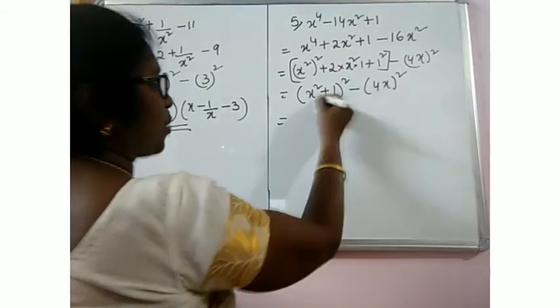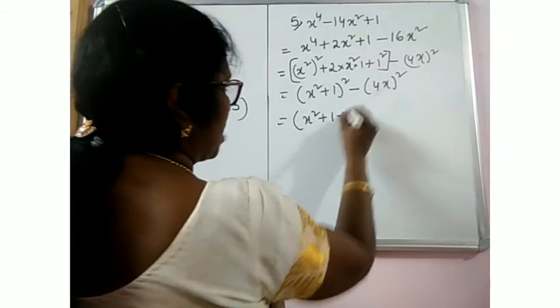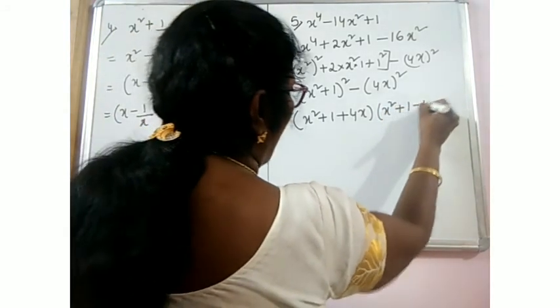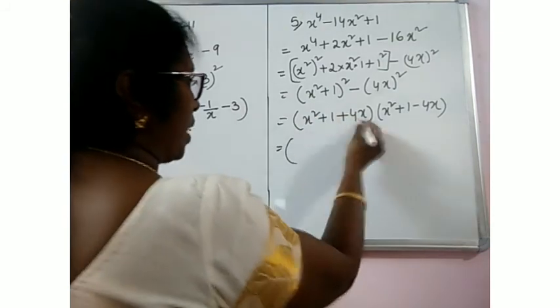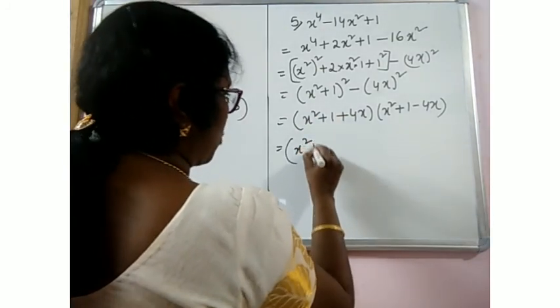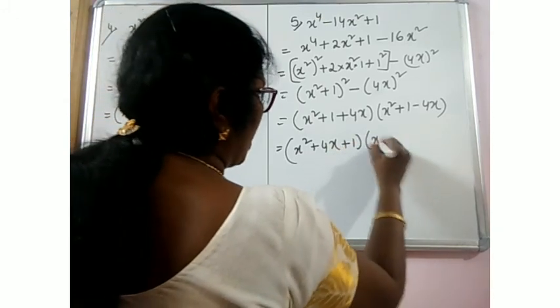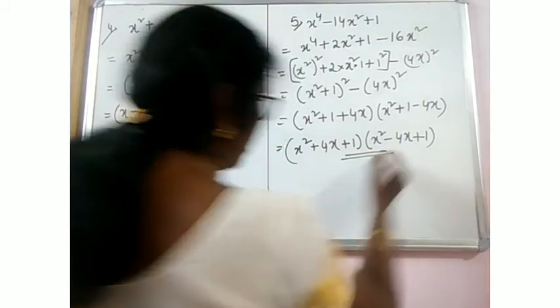Again this is like a² − b². So (a + b)(a − b), and we can rearrange the x² and x terms. That is a good way of showing the answer. (x² + 4x + 1)(x² − 4x + 1).